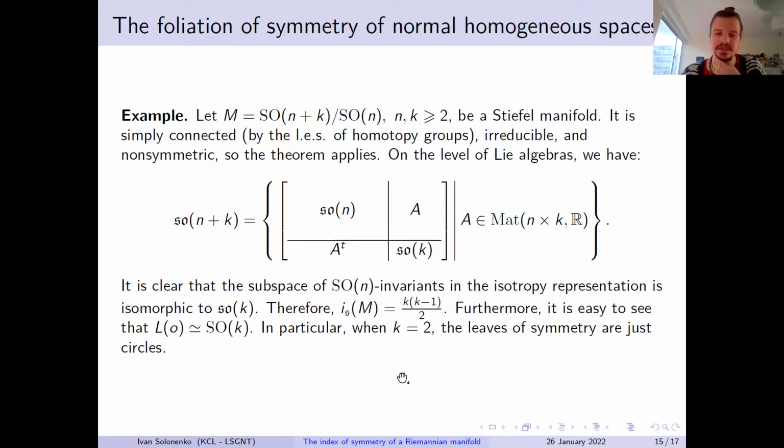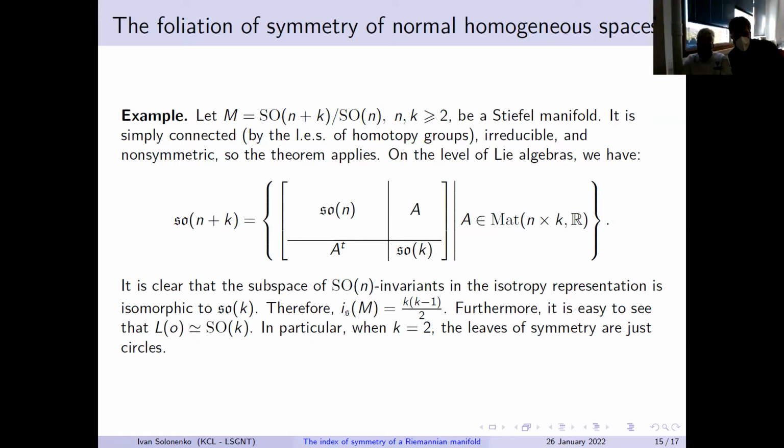But I don't think it is very straightforward to see from the very beginning that the leaves of symmetry will be precisely the fixed vectors of the isotropy. I think there is some work to be done. Okay, very nice. Thank you. Thanks for the question.